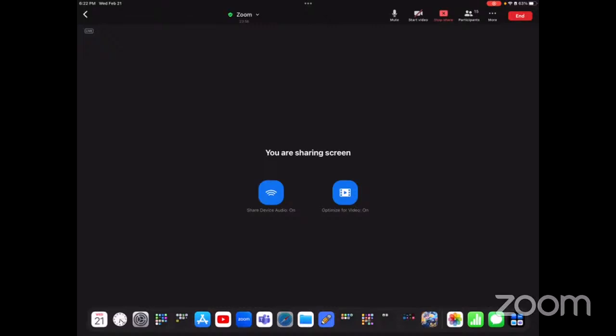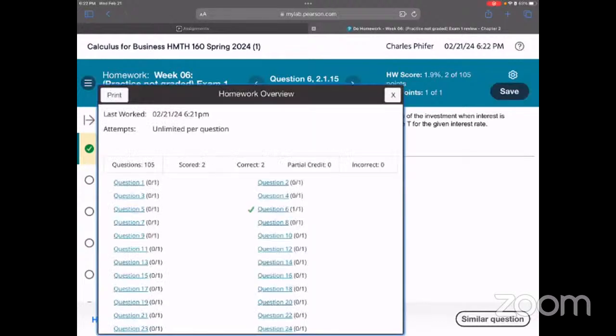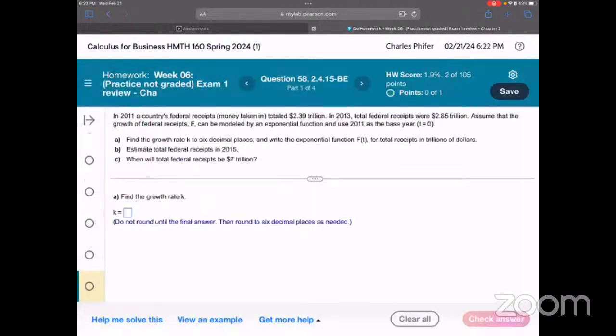Okay. All right, so let's go to question 58. It says in 2011, a country's federal receipts, money taken in, totaled 2.39 trillion.